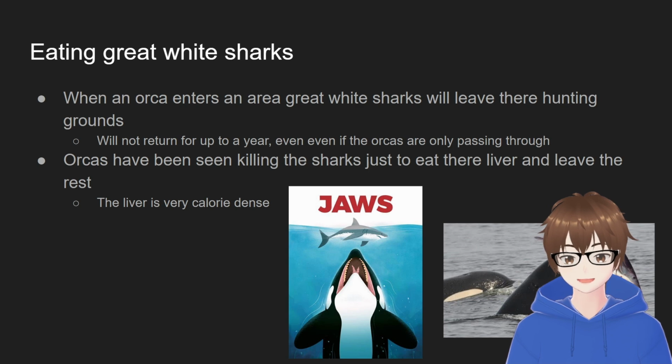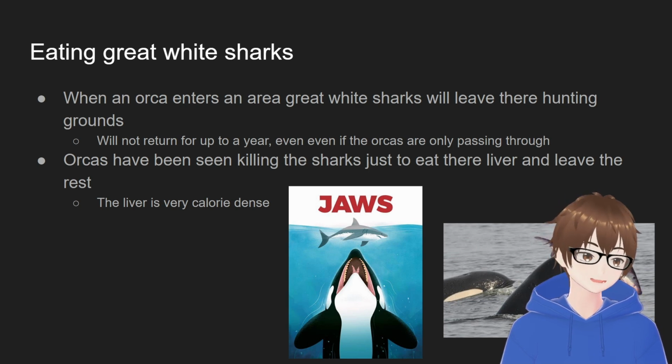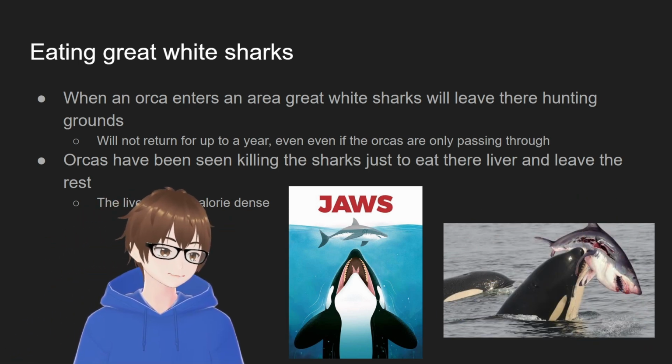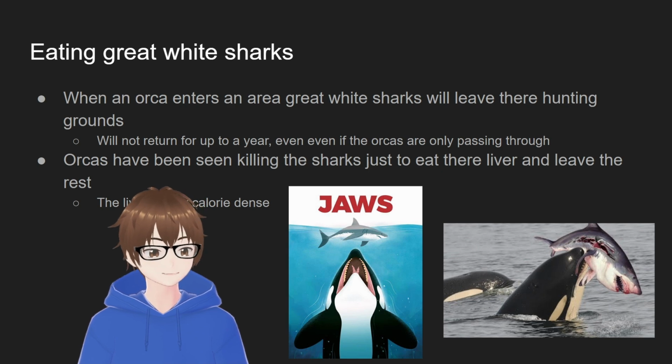And you might be thinking, why do they eat just the liver? Well, that's because the livers are very calorie dense, so they're a good food source. And then I have pictures here of the Jaws theme, and it's an orca coming after a great white shark instead of a great white shark going after a human.